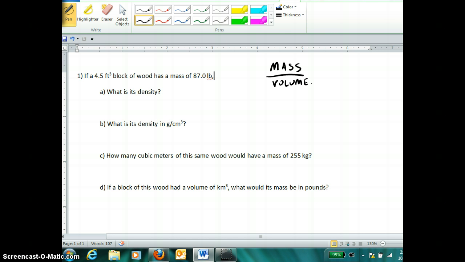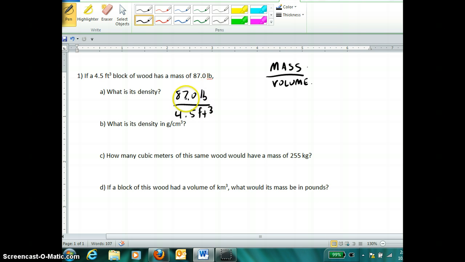So if we're simply asked what is a density of something, we need only determine what the mass is and what its volume is. So in this first part of the problem, where we're given a volume and given a mass, we can get a density very simply and easily by creating the very same mass to volume ratio that is represented by a density.